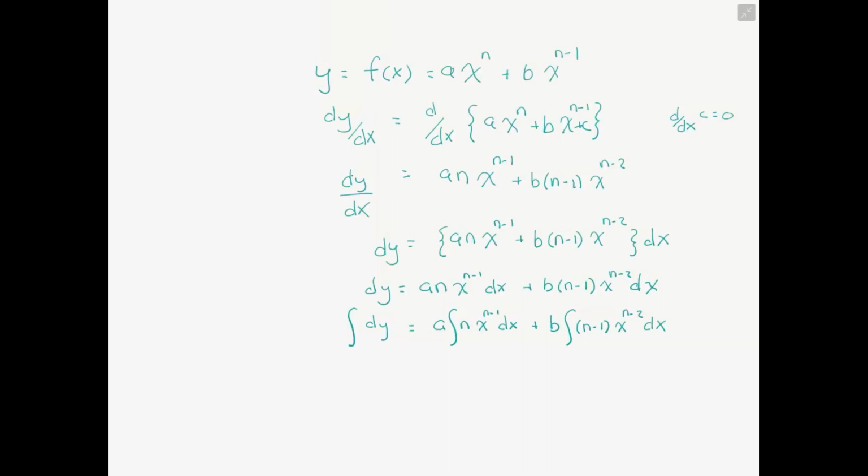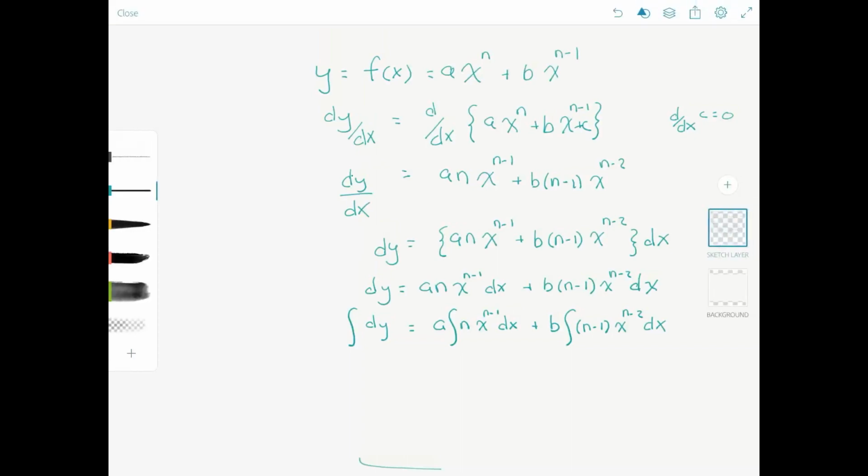And now we have the analog to the power rule for integration. Well, let's see how we can do this.